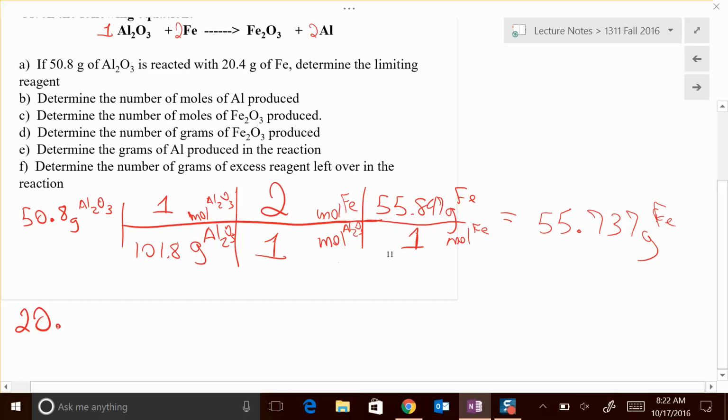That's what I have, right? 20.4 grams of Fe. That's the amount I'm starting with, okay? This is what determines how much product I make because it will run out and go to 0, and then the reaction will stop. So I'm going to take my 20.4 grams of iron and go to the moles of iron. Then where?